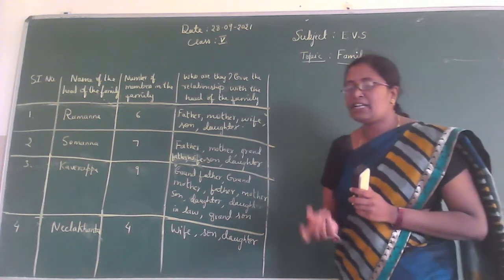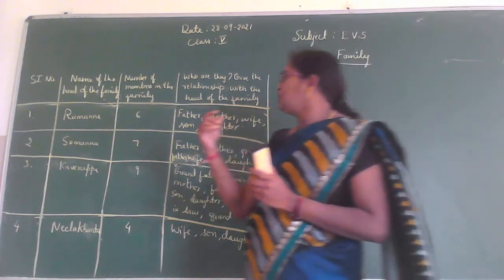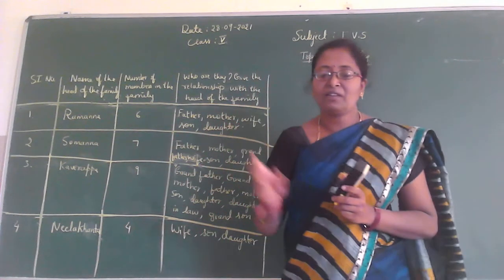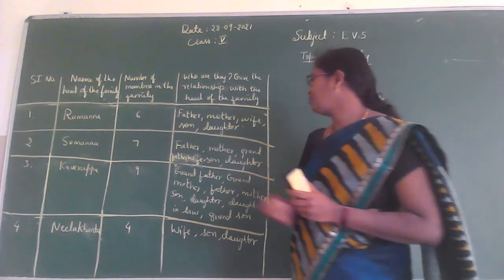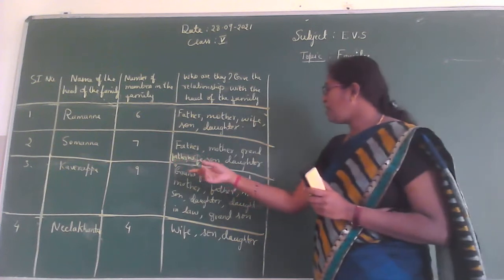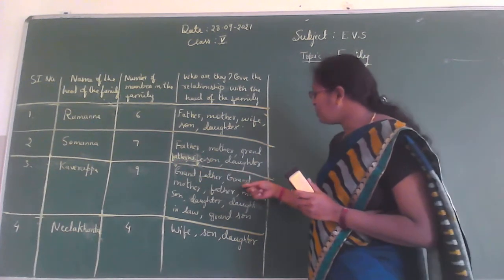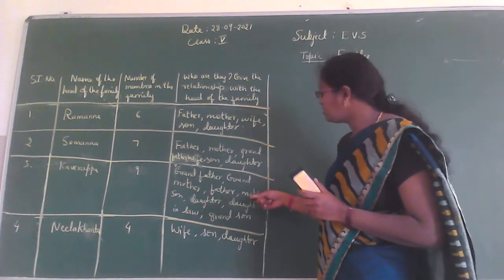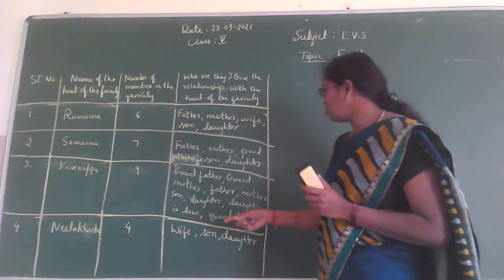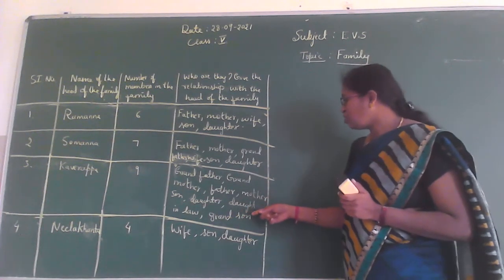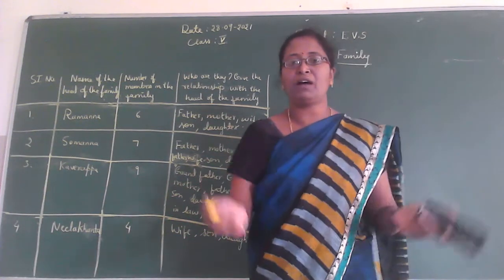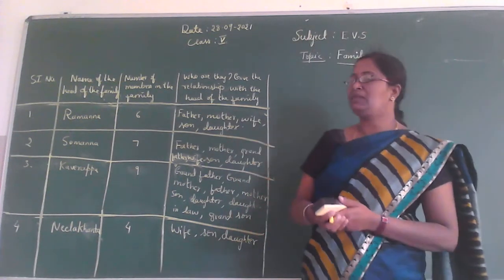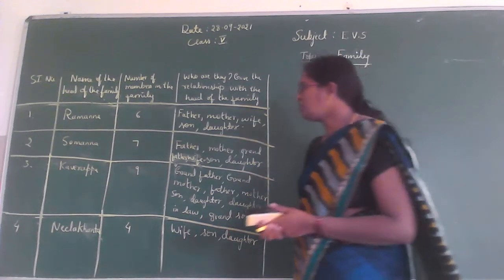So what is the relationship between Kavirappa and the other members in the family? Kavirappa has a grandfather, grandmother, father, mother, son, daughter, daughter-in-law and grandson. So in total it becomes how many members? 9 members. So see, children.